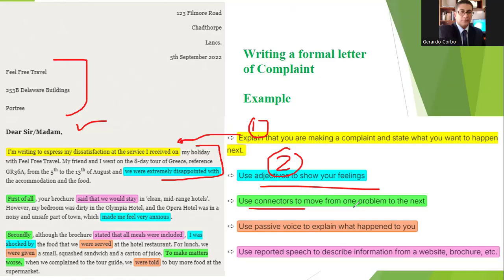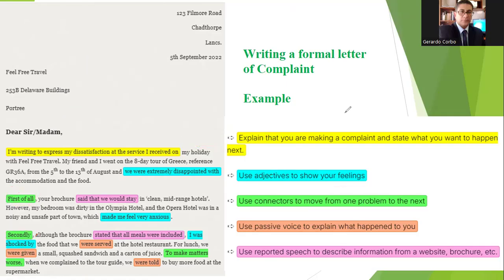Connectors when you want to explain that there are two or three situations or that something happened first, then another situation occurred. So you're going to mention a chronological order. So you have to use connectors such as first of all, secondly, thirdly, then, later. It's not just putting sentences and sentences together or creating paragraphs. No, the idea is that you can introduce them by using the appropriate connector.